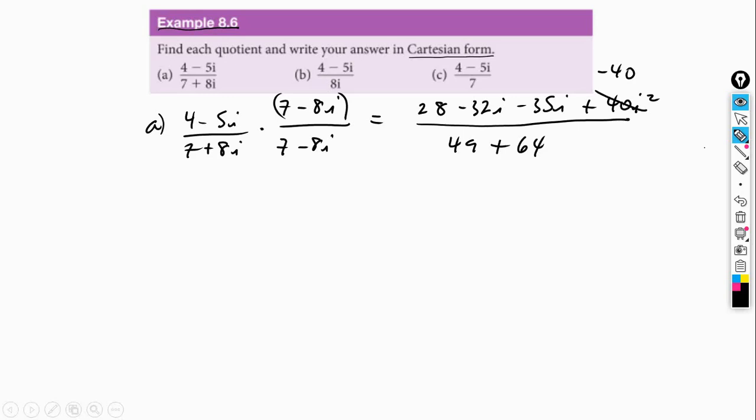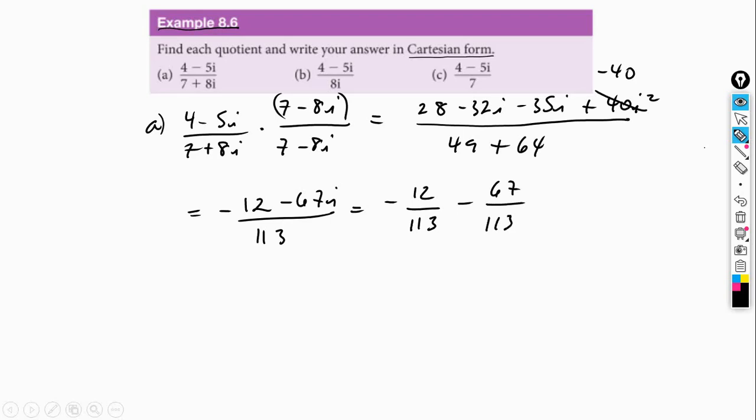So we end up with minus 12 minus 67i over 113. And we separate the real and imaginary parts, and we end up with minus 12 over 113 minus 67 over 113i.